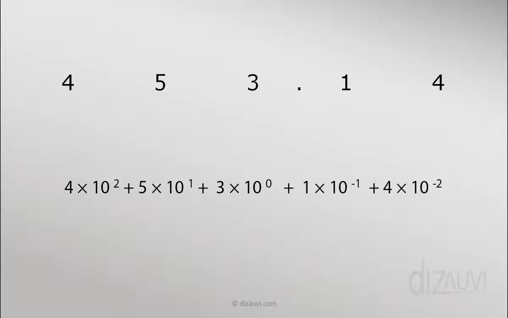Now notice that the fractional part is written in negative powers of 10, starting with 10 raised to the power of minus 1. Then the next term will contain 10 raised to the power of minus 2 and so on, decreasing weights as we move to the right by a factor of 1/10 or 1 by 10. So this was in the decimal number system, which we are used to quite well enough.